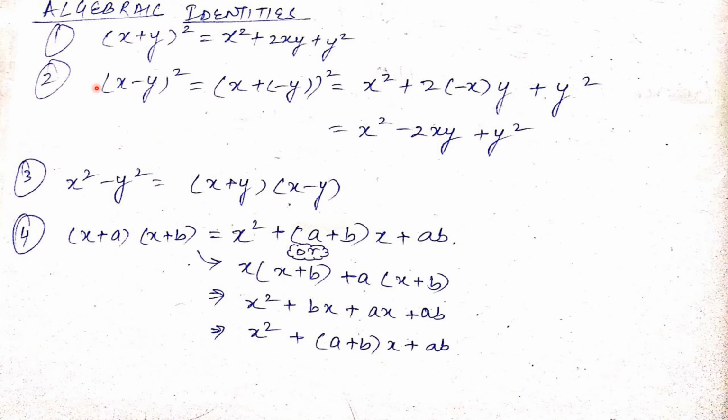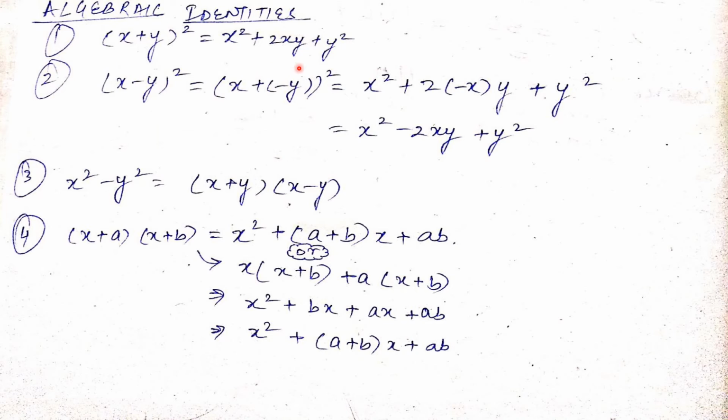How? Let's write. We can write this term as (x plus (minus y)) whole square. Now these two are comparable because the first term is x, x, the second term is plus, plus, so they both are the same. The third term is y, minus y, that is of no issue. Now you can expand this with this formula.